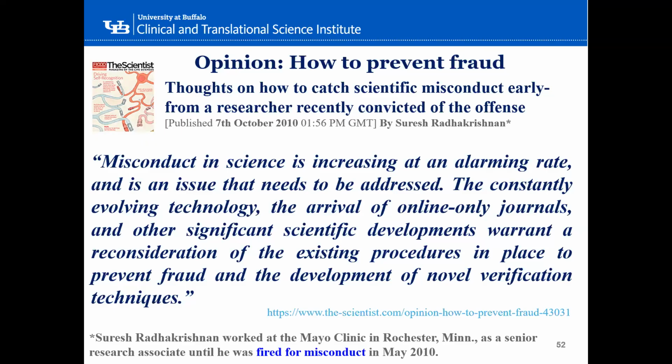Misconduct in science is increasing at an alarming rate and is an issue that needs to be addressed. The constantly evolving technology, the arrival of online-only journals, and other significant scientific developments warrant a reconsideration of the existing procedures in place to prevent fraud and the development of novel verification techniques.